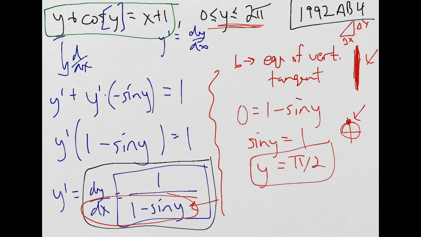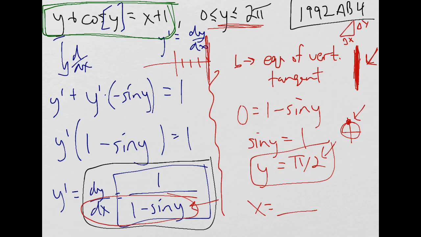I need to write it in the form x equals something, because if I've got 1, 2, 3, 4, and a line that's vertical at 4, I would call that x equals 4. So same thing here. I know the y-coordinate, but I don't know the x-coordinate yet.